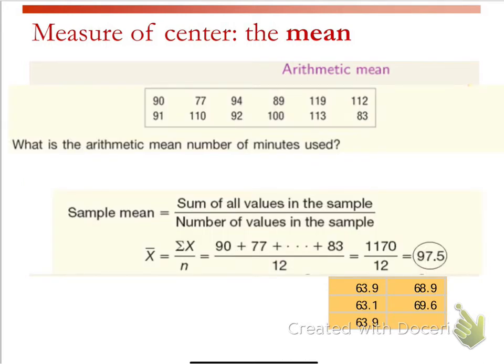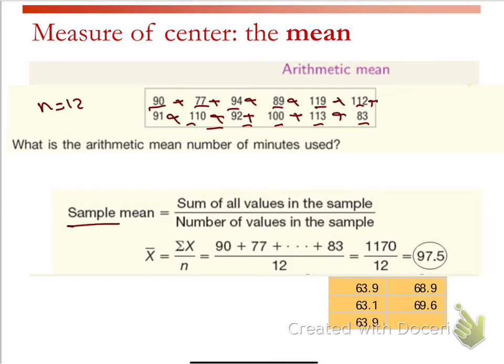In this example I have 12 numbers, 1, 2, 3, 4, 5, 6, and 6 down. So in total there are 12 numbers, so n equals 12. What is the sum of the numbers? I have to sum 90 plus 77 plus 94 plus each one, until we finish all of them.